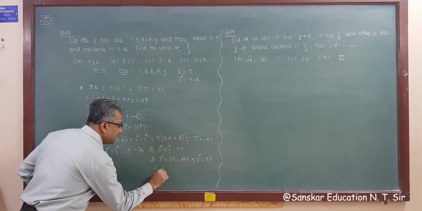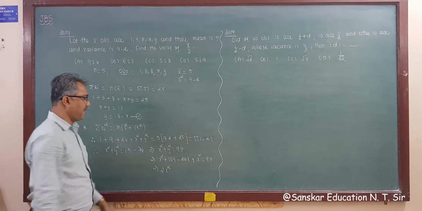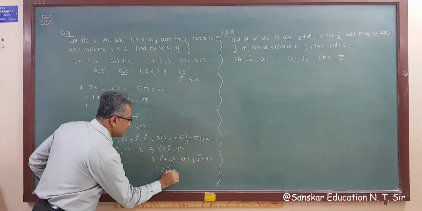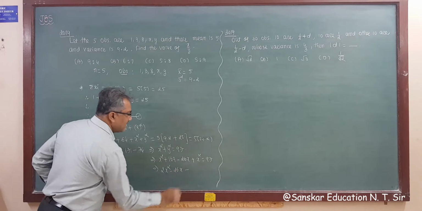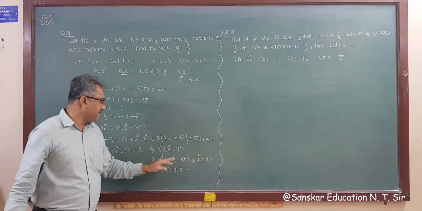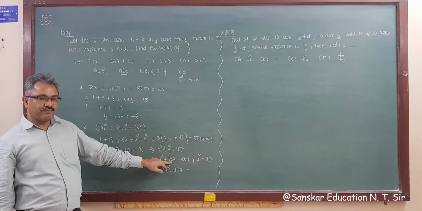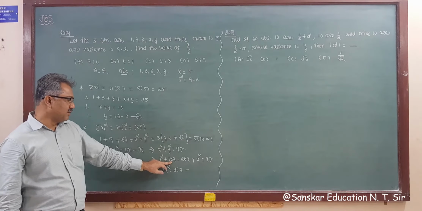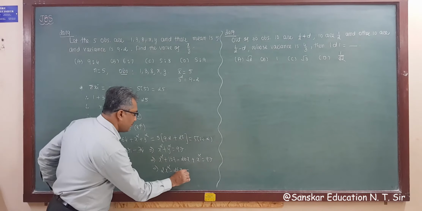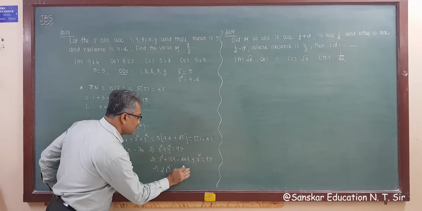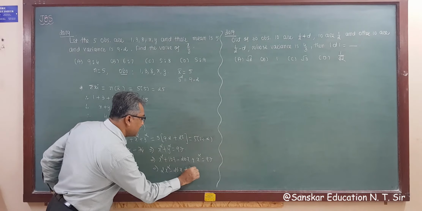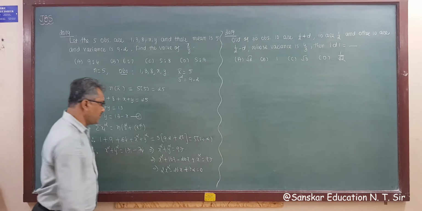This implies 2x square minus 26x, and 97 minus 169 gives minus 72, so plus 72 is equal to 0.